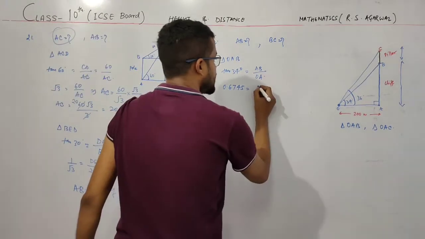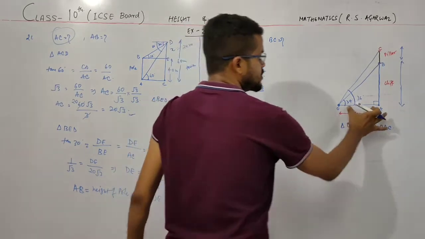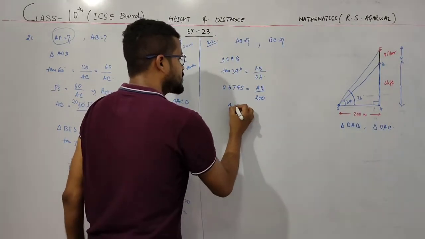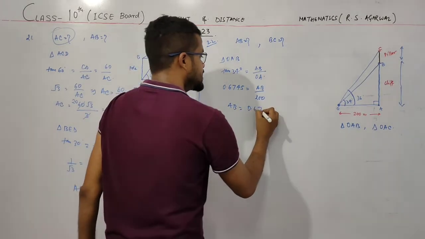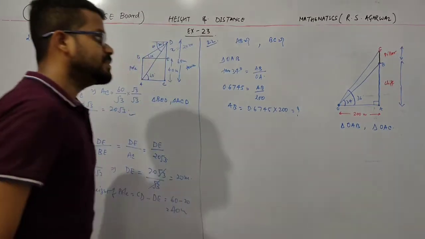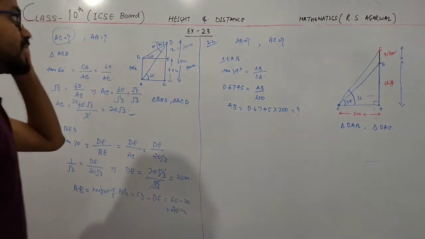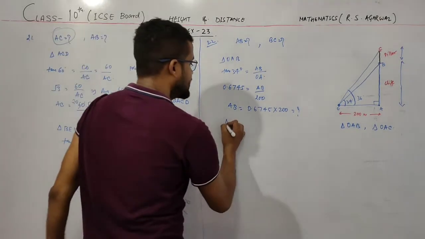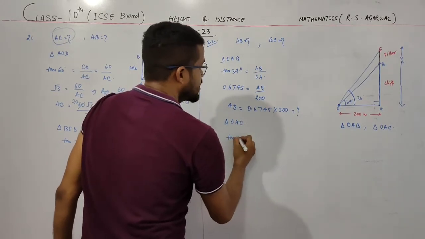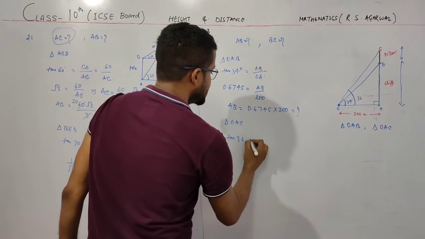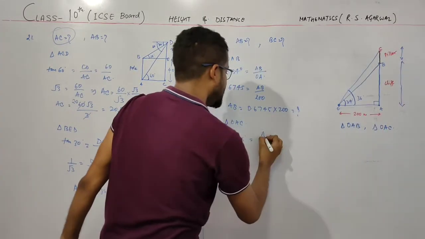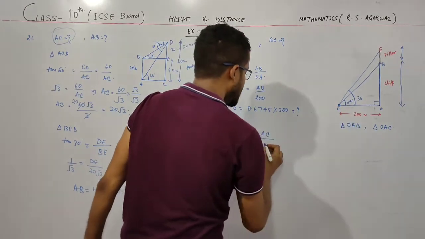OA is given as 200 meters, so AB is equal to 0.6745 into 200. Now again go to triangle OAC. From this triangle I use tan 36 degrees, which is equal to the whole height AC upon OA.